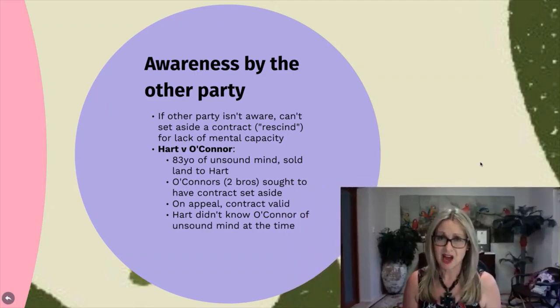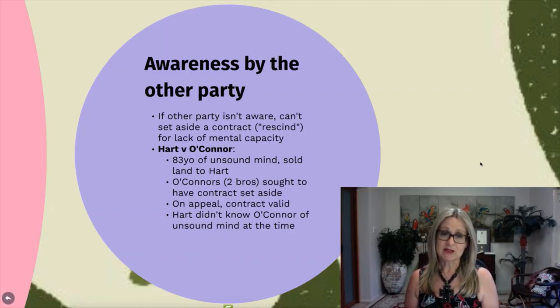Here we have the case of Hart and O'Connor, and the text does go into this case. We have an 83-year-old of unsound mind, and Mr. O'Connor sold some land to Mr. Hart.